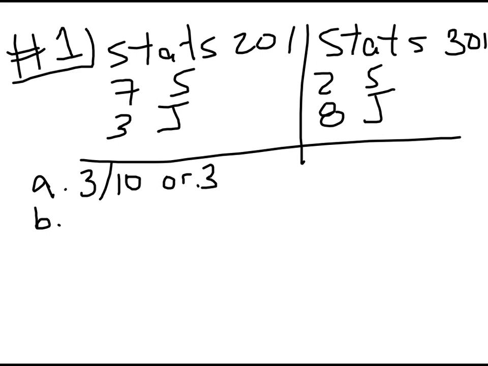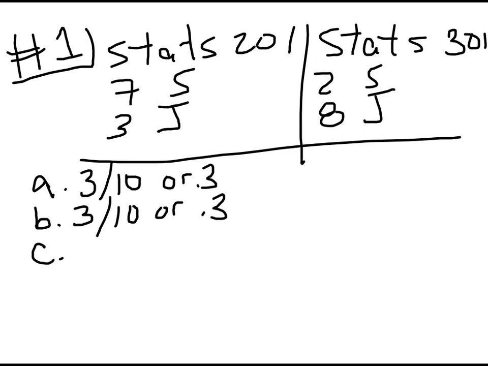So again, he's going to make that second selection from Stats 201. Because he replaces the card, the second event has no bearing from what happened in the first draw. So again, the probability is 3 out of 10, or 0.3.